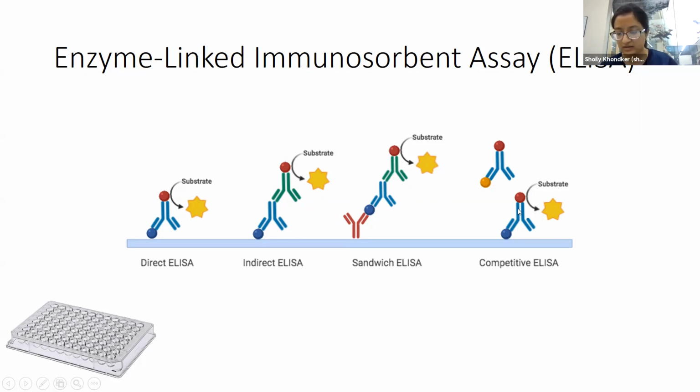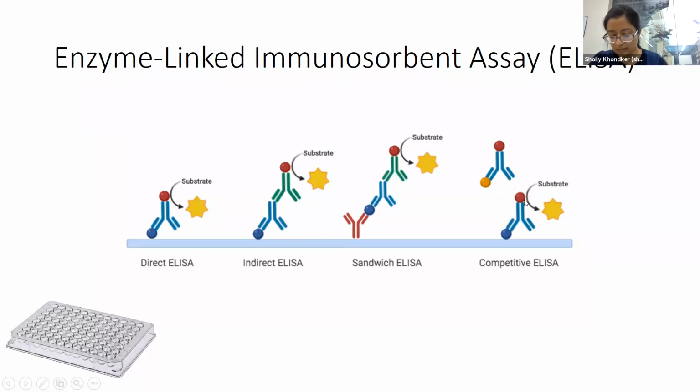And the last type of ELISA assay I'm going to talk about is called the competitive ELISA. So this is an inhibition-based assay. So here, a sample antigen is added to coat the multi-well plate, and then a capture antibody is added, and then following that, some kind of competing molecule is added, and the competing molecule is linked to an enzyme.